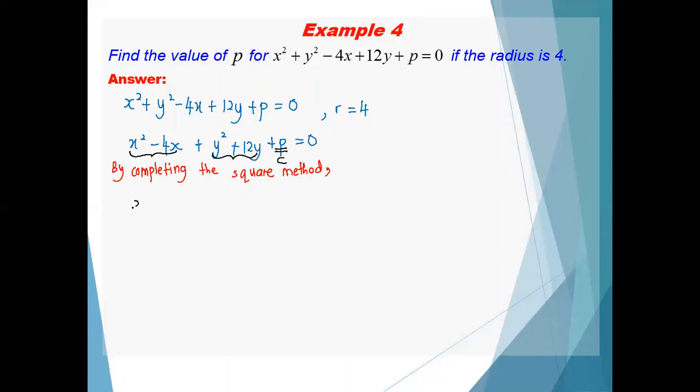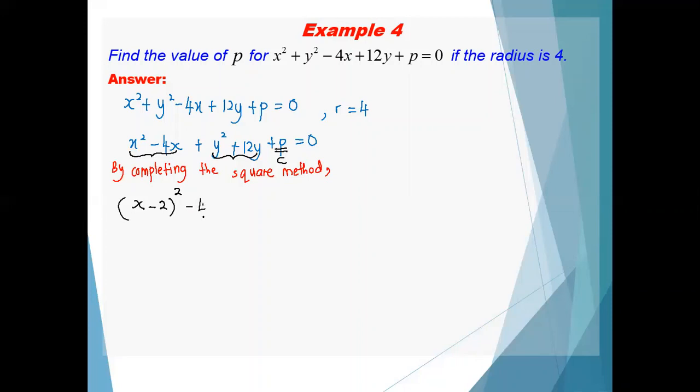Completing the square paling senang, ambil x minus half b. Okay, half pada negative 4, negative 2. So letak square. So negative 2 square adalah 4.